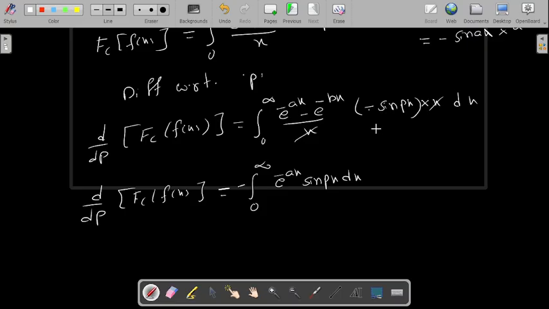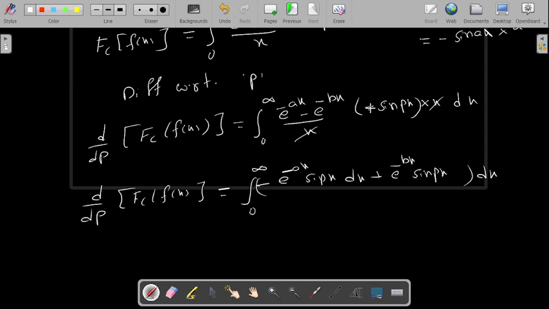Next we take this minus outside. Integral 0 to infinity, multiply minus sin px into this: minus e power minus ax sin px dx, and minus into minus gives plus e power minus bx sin px dx.